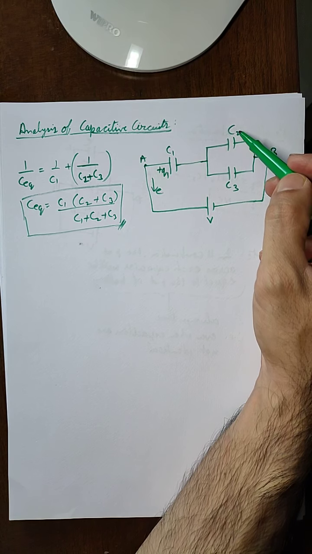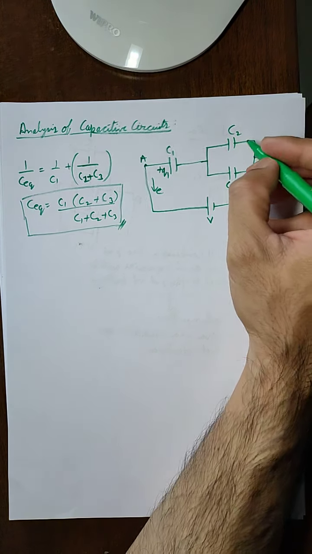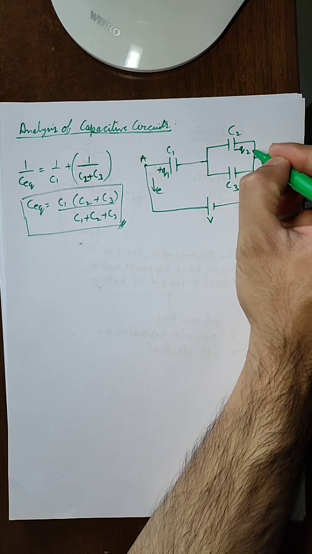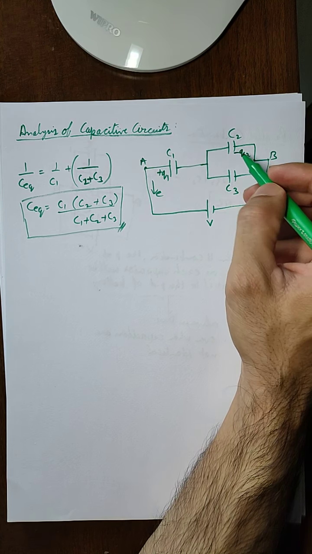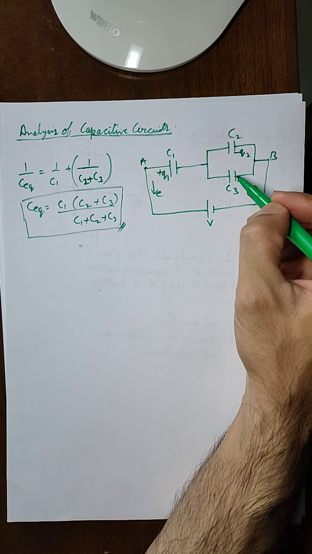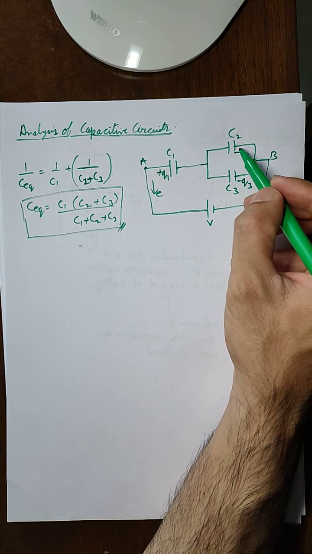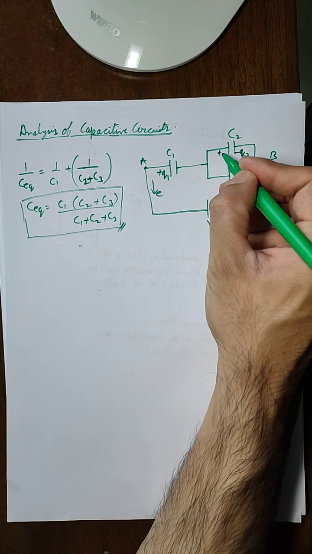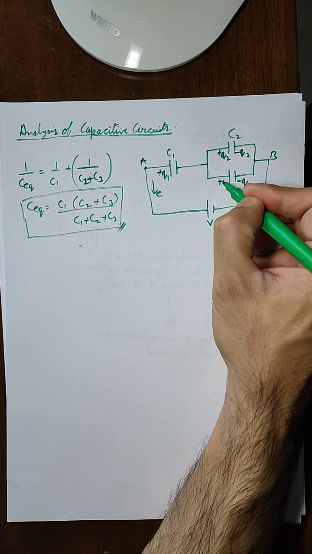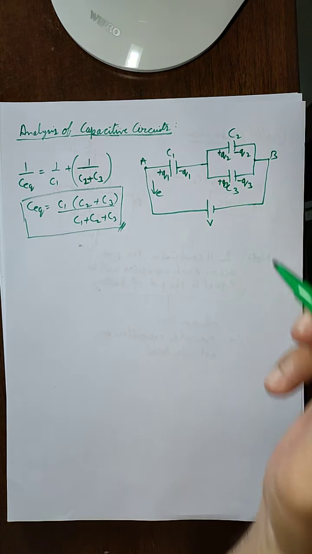Now we cannot say that C2 and C3 are equal, so we can say that because of this plus Q1 here, a minus Q2 charge is deposited on this plate of C2, and similarly a minus Q3 charge is deposited on this plate. Now as we know that the plates of a capacitor have equal and opposite charge, this will have a plus Q2 charge, this will have a plus Q3 charge, and similarly this will have a minus Q1 charge.